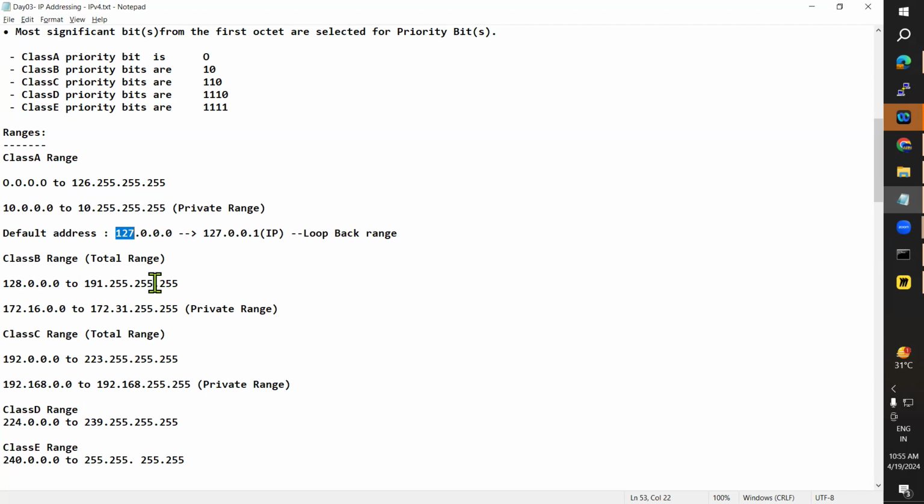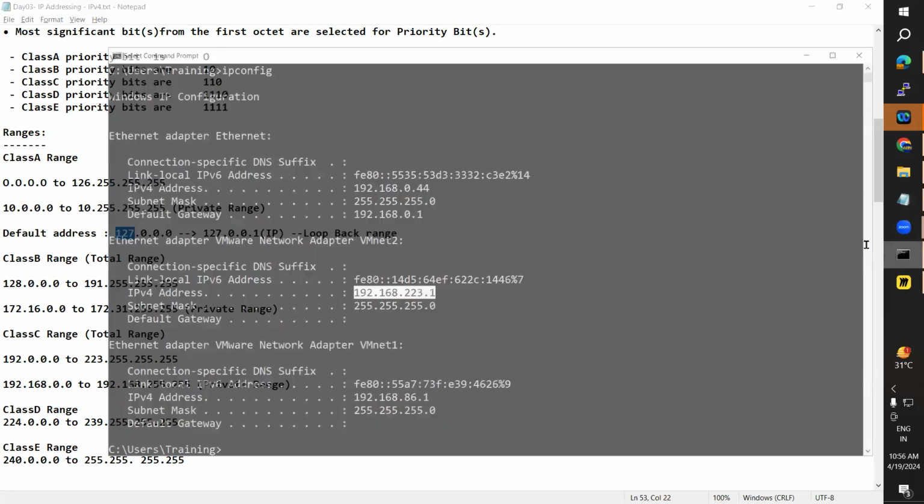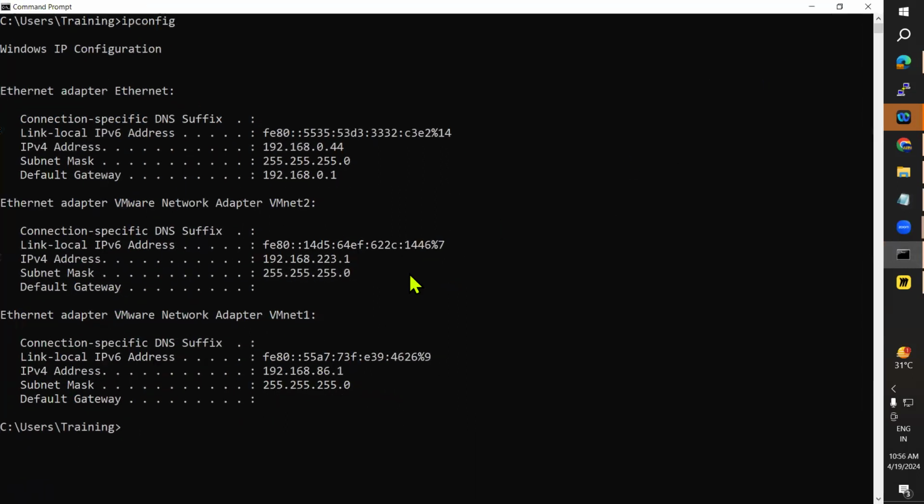Even if the system doesn't have an IP address, the default IP address is always hard coded in every machine. You cannot delete it or escape it. So this is the default address. It is hard coded in the machine. If you see, this is my machine.